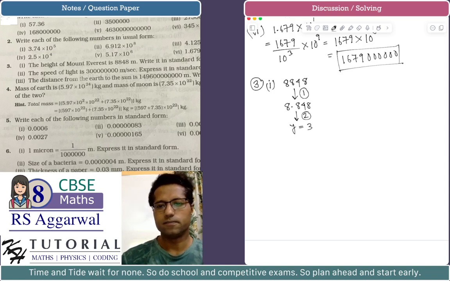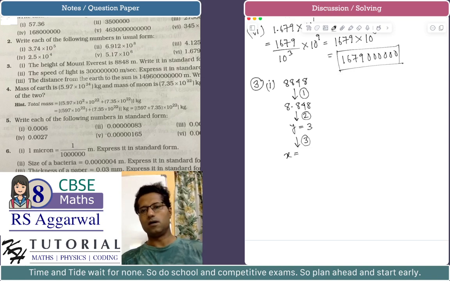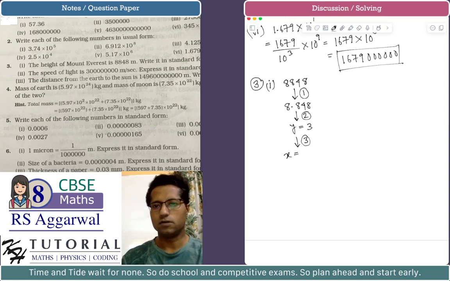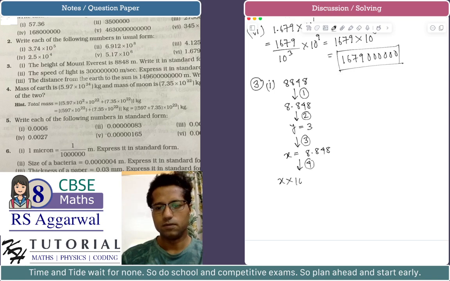We have 3, and then you will find x, which is the number obtained after step 1, but ignoring all the rightmost zeros. So this becomes 8.848, and the last step is the standard form will be x into 10 to the power y.